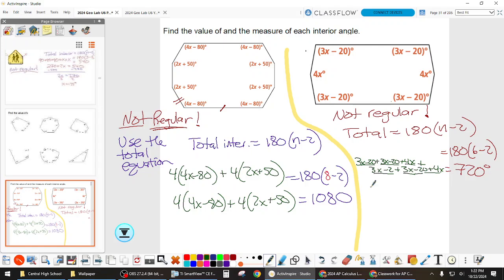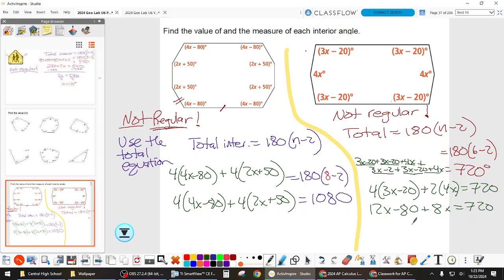Okay, that is the same as doing the fact that we have 4 of the 3x plus 20s and 2 of the 4x. Those are equivalent statements. So whichever one you like is fine with me. How do we solve this? Distribute: 12x plus 80 plus 8x equals 720.